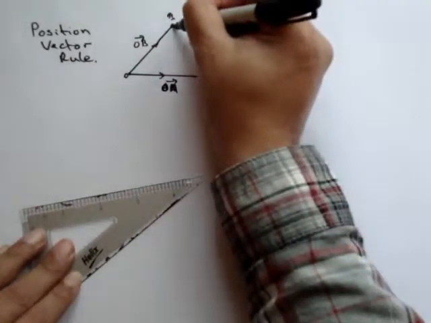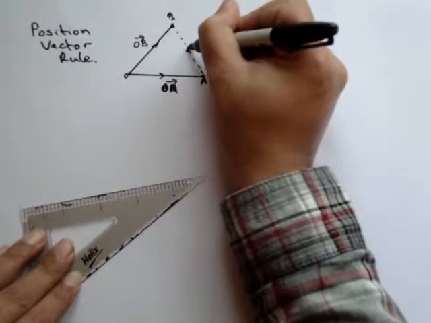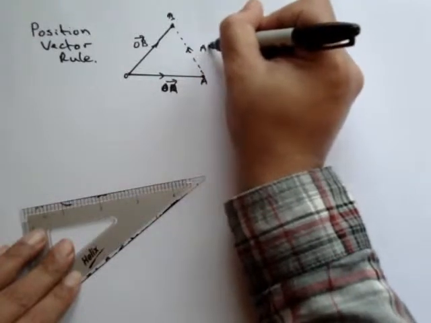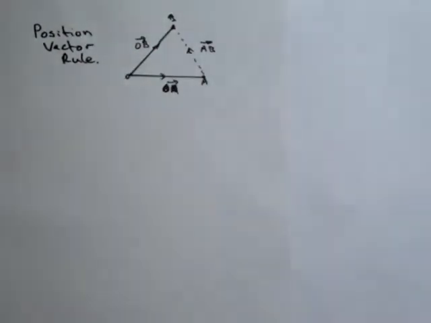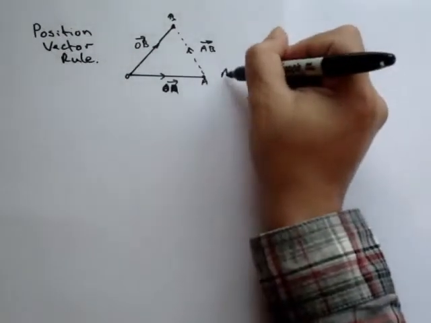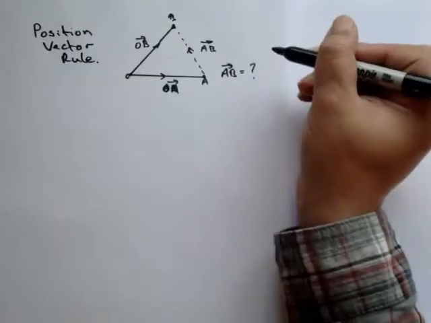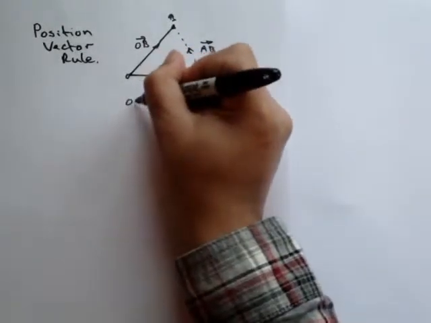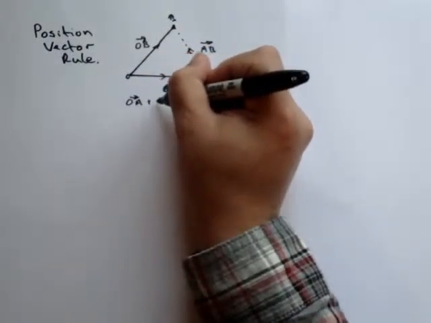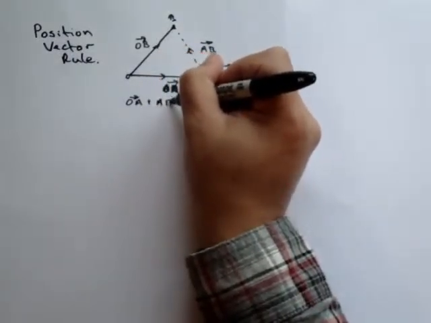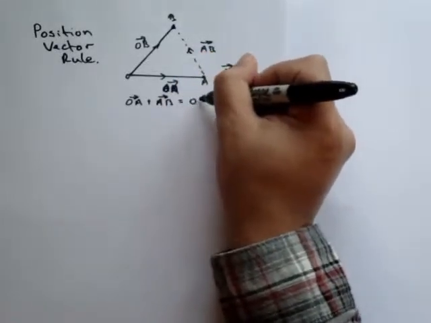So this would be, by the triangle rule, AB. So we want to find out AB. So we know that OA plus AB equals OB by the triangle rule.